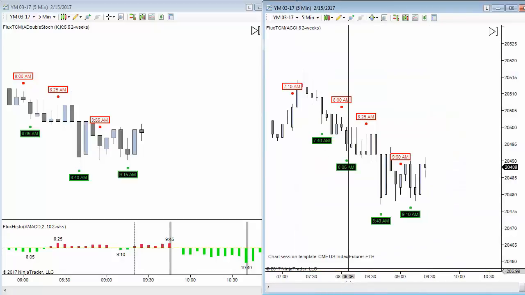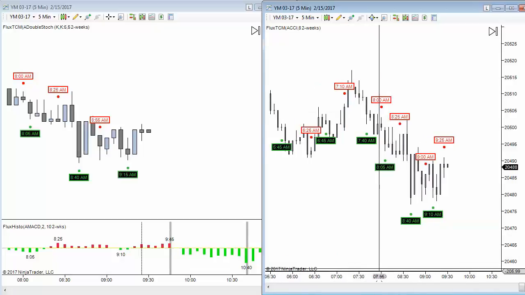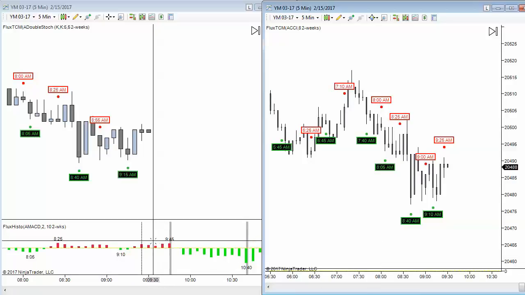Now they're starting to look alike. 8 o'clock, 8:25, 8:40, 8:55, 9 o'clock, 9:15. And now, Gary, that 9:25 just showed up. And there's no signal on the YM until 9:45.